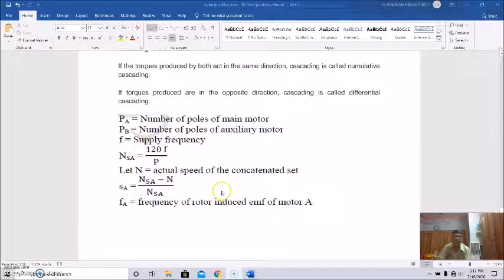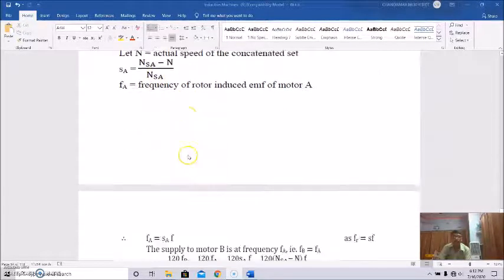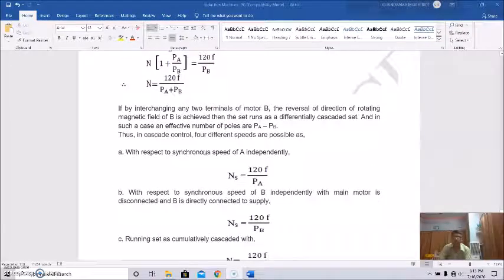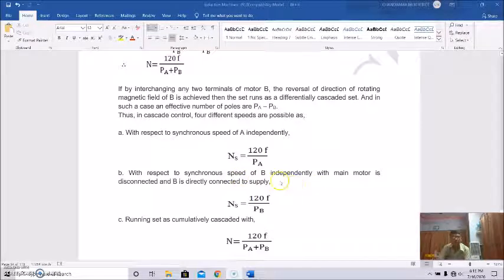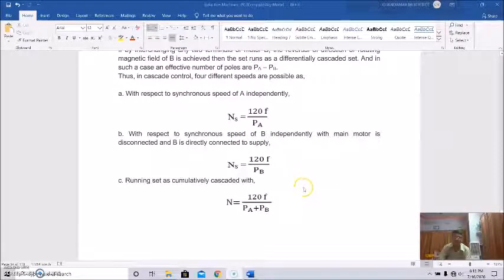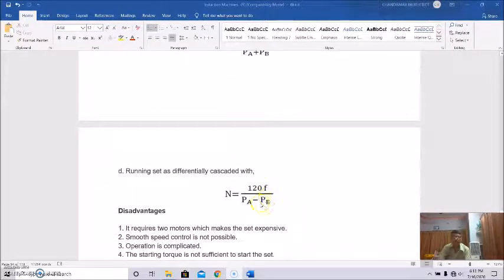We have shown and discussed how it is derived, and how we get four different speeds: independently running the main motor gives one speed, independently running the auxiliary motor gives another speed, running the set as cumulative cascading gives another speed, and running the set as differential cascading gives another speed.